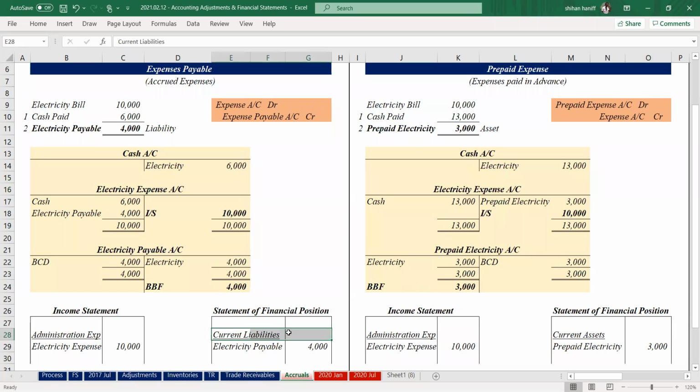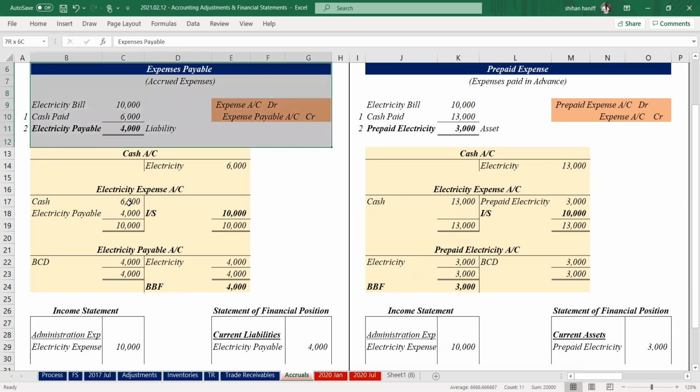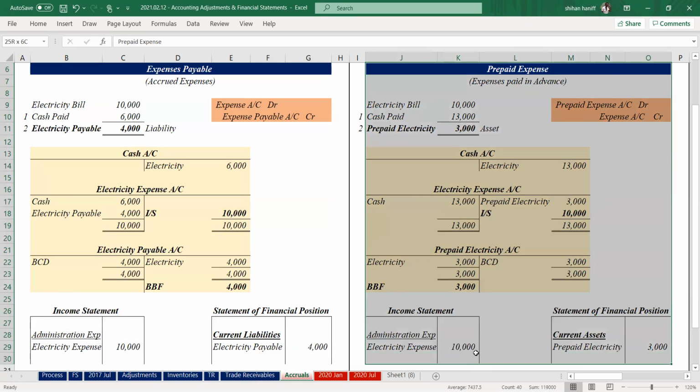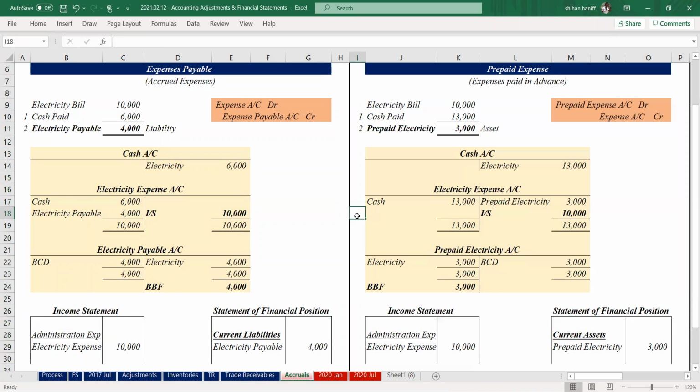Current, it's a short term. And the assets, prepayment comes under current asset. Current liability, current asset. Right? Expenses payable, prepaid expenses. Under accruals.